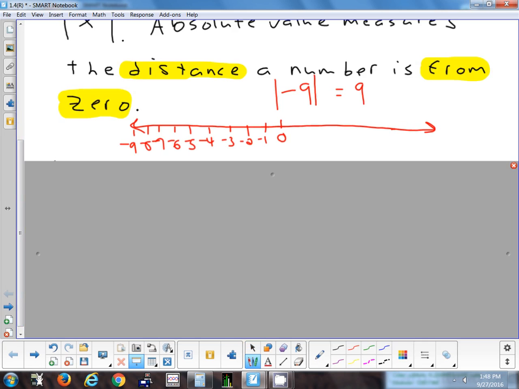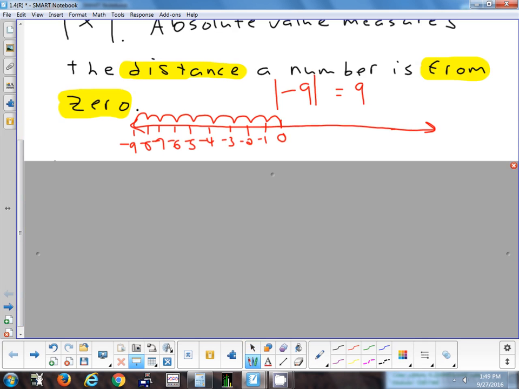When I measure from 0 to -9, I go 9 spots. 1, 2, 3, 4, 5, 6, 7, 8, 9. I'm 9 spots away. That's why the absolute value of a negative number is positive, because you're measuring distance. You never measure distance in negative numbers.